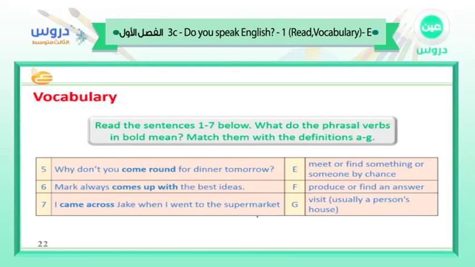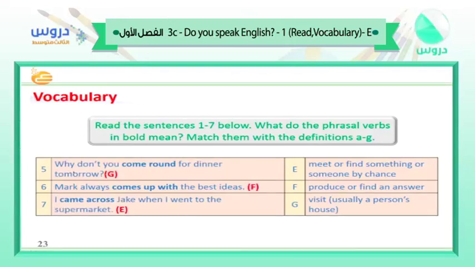And the answers are: what is it for come around? Come around is visit, usually a person's house. Comes up with means produce or find an answer.